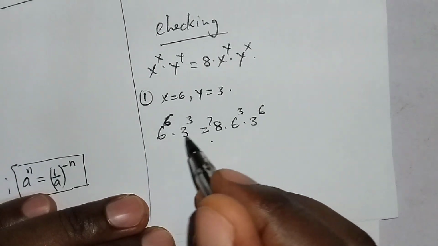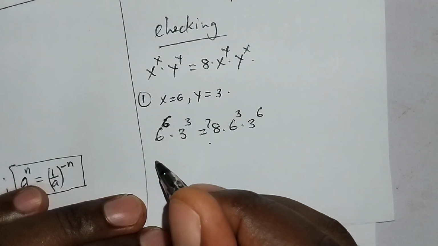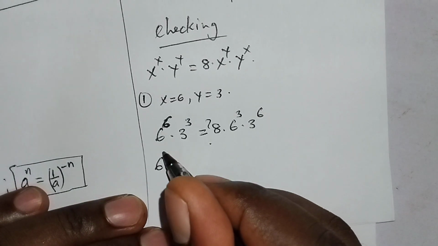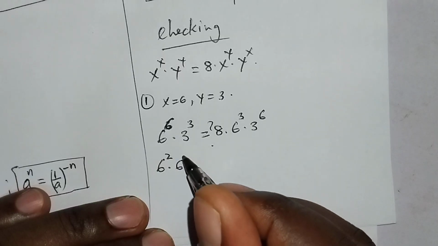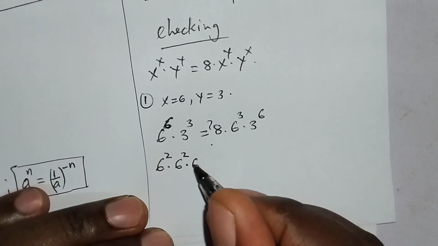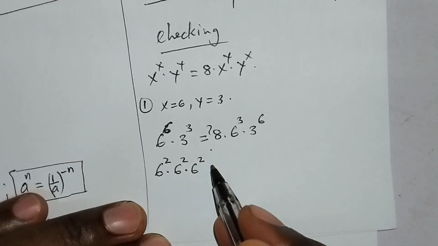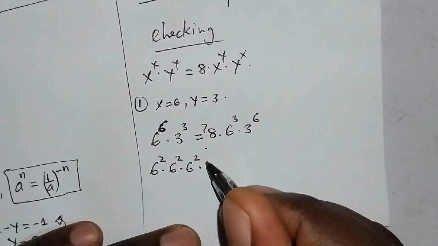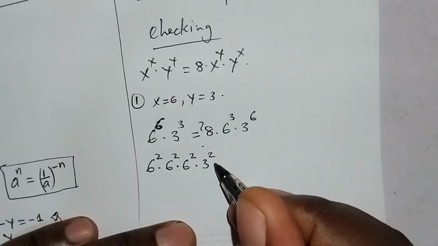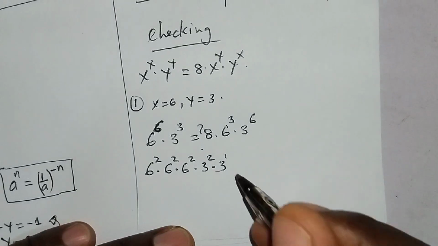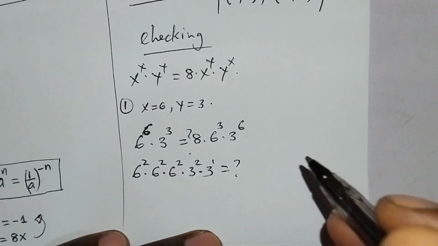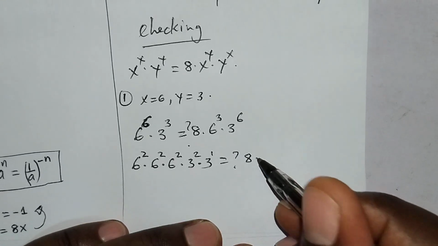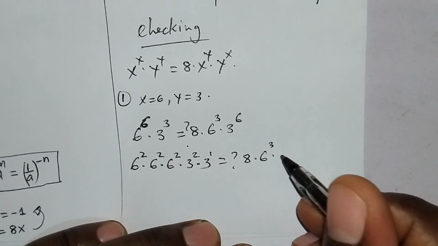It is 6 power 6, which is 6 power 2 times 6 power 2 times 6 power 2, times 3 power 2 times 3 power 1. Is it equal to 8 times 6 power 3 times 3 power 6?